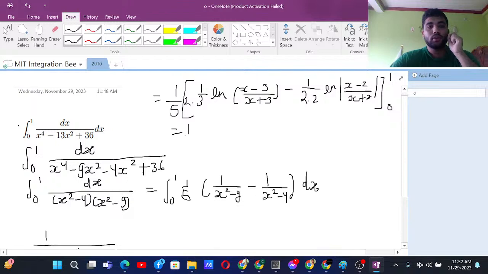So we will have 1 by 5, and here we have 1 by 6 ln of, now at 1, this is just minus 2 by 4. Okay, and at 0 we will have minus 3 by 3. But that will be subtracted, so we will just reverse that.